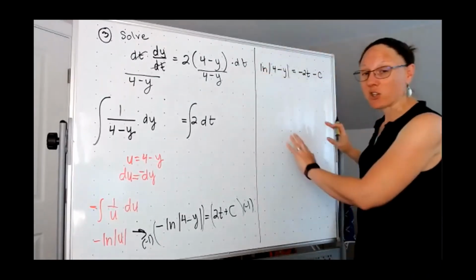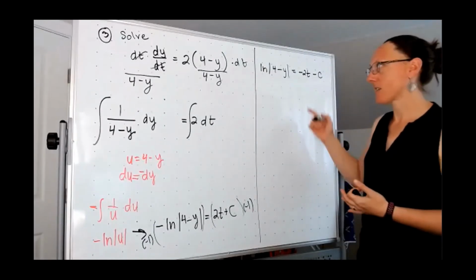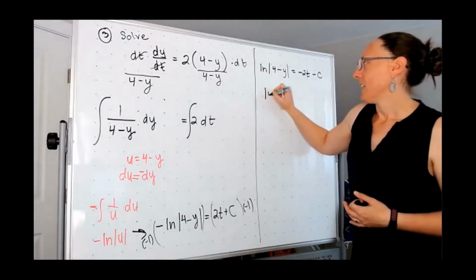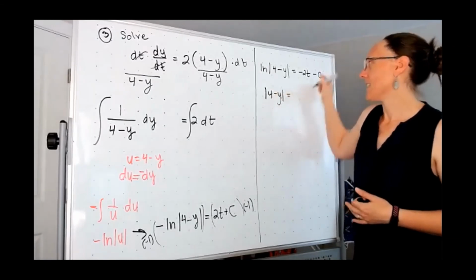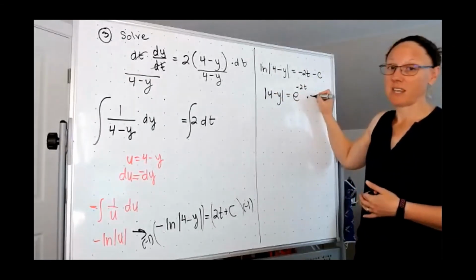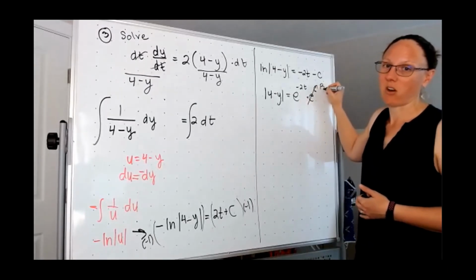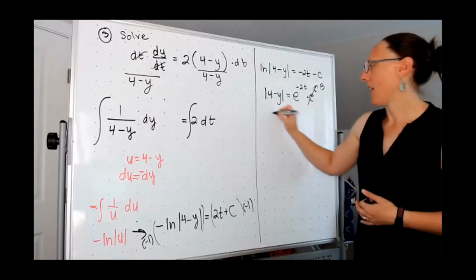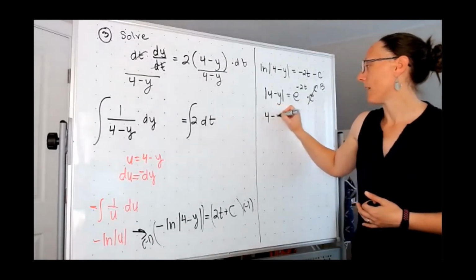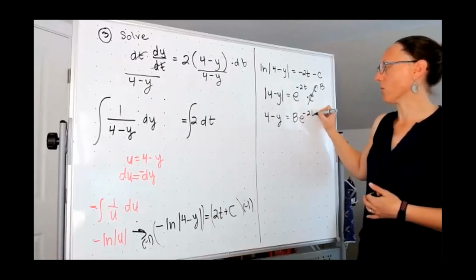Again, we have all kinds of choices with what we're going to do over here, but the most common choice is to write this as e to the -2t times e to the c, and then rewrite this as a new constant. I would end up with 4 minus y is equal to b e to the -2t.